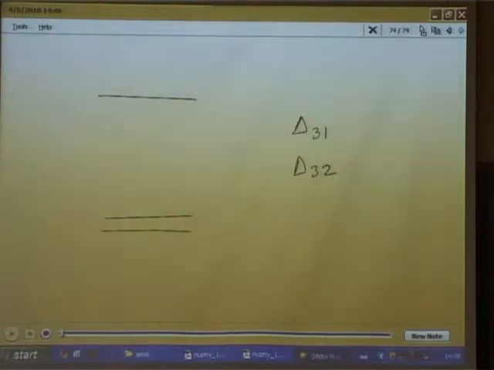Now if I want to calculate the probability... so let's say I produce something here in mu 3. Then part of it will go into 2, and part of it will go into 1. Which part will actually depend on some mixing, theta 1 2. So it's quite possible that I get mu 2 with a different probability and mu 1 with a different one.